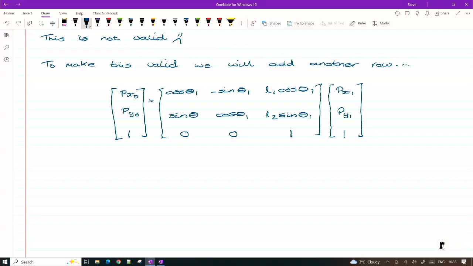We can plug all those values in and calculate our px0, py0. Okay?